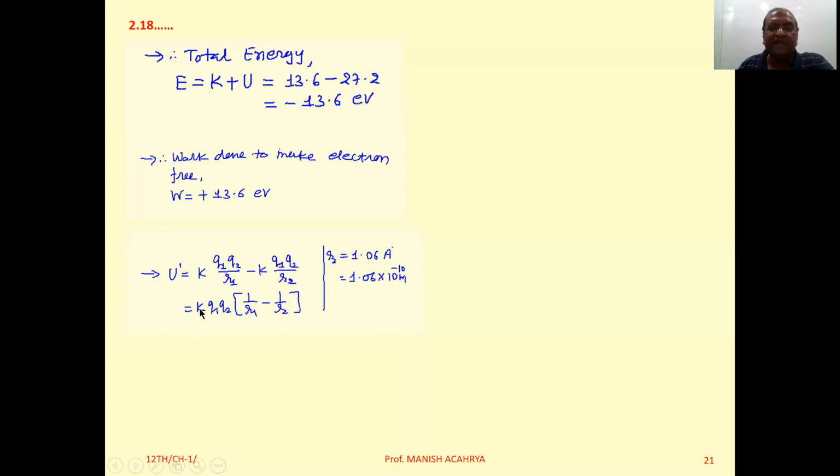So simply we can write K Q1 Q2 into 1 upon R1 minus 1 upon R2, where R2 is the position for the zero potential energy, that is the reference separation, 1.06 angstrom, that is 1.06 into 10 raised to minus 10 meter.